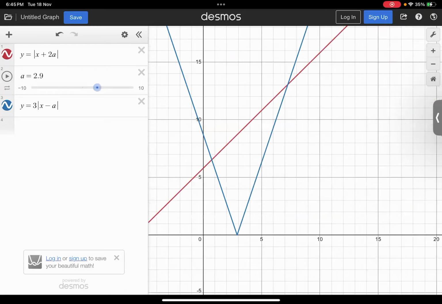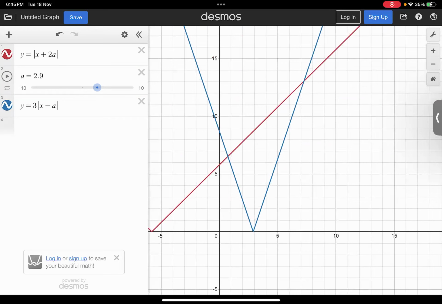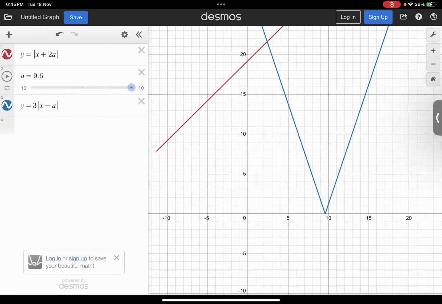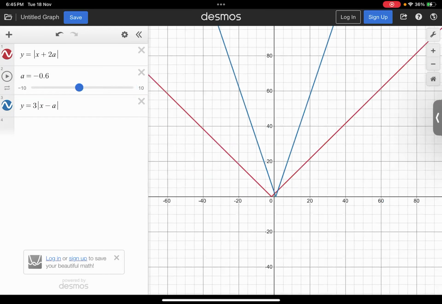So this is the first one, this is the second one. So x should lie in between these two values where the intersection is, right?